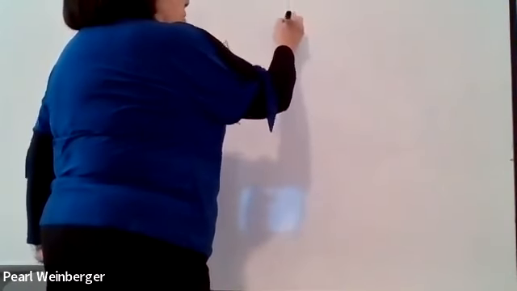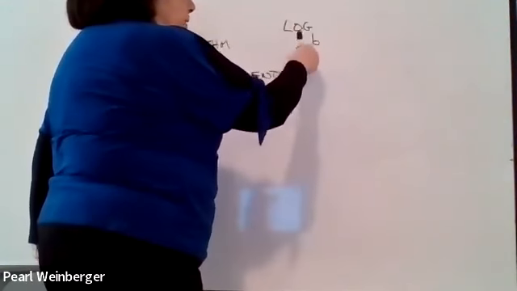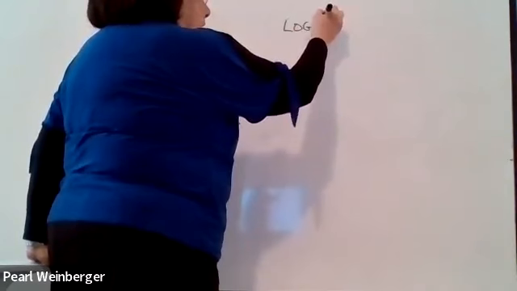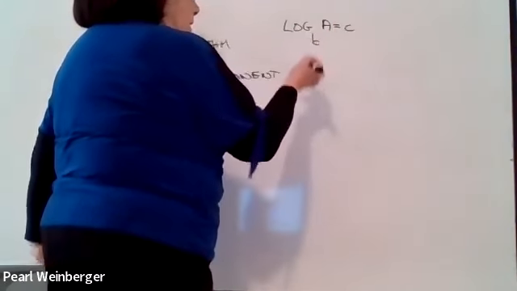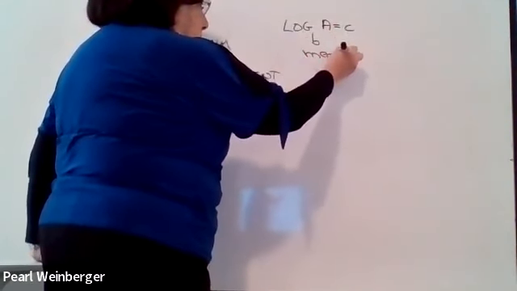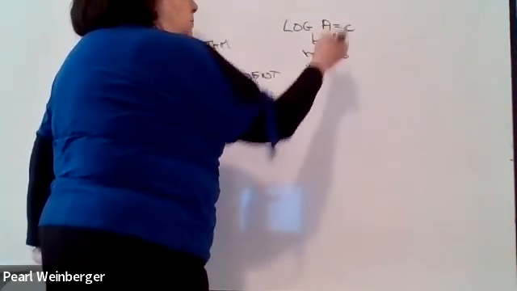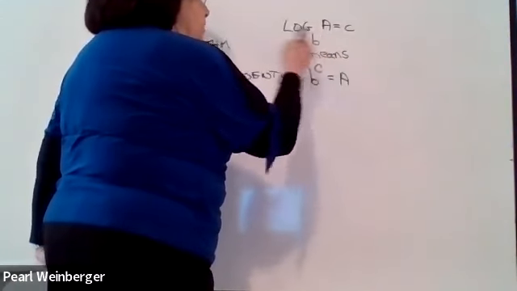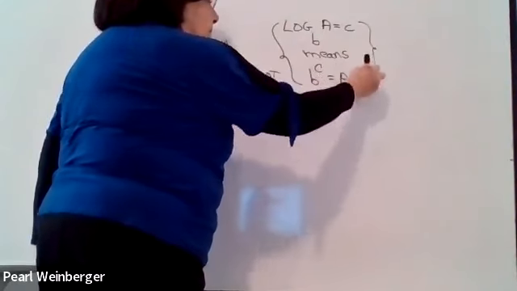If I write the log, and I'm writing a little small b for base, of A is going to equal C, that means that the base, the B, to the exponent, which is the C, will equal A. These two things mean exactly the same thing.